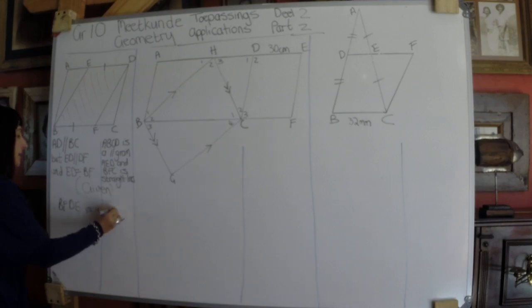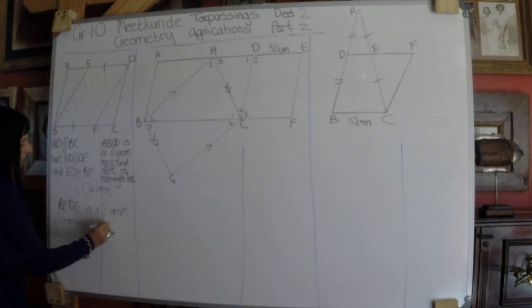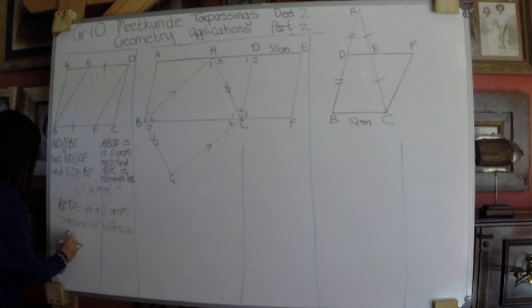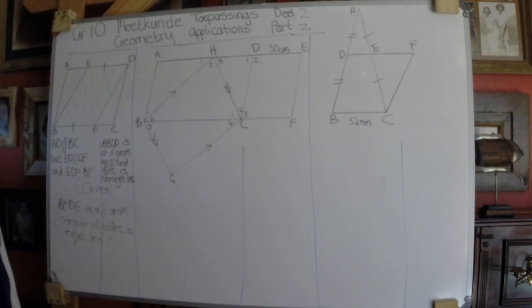En die rede vir dit is one pair of sides is equal and parallel. Een paar sye is gelyk en ewewydig. So daarom moet BEDF of BFDE 'n parallelogram wees.